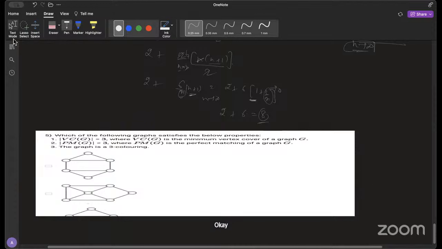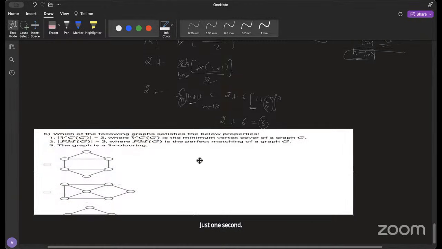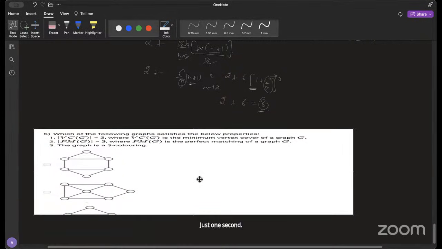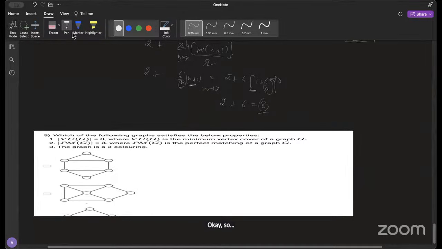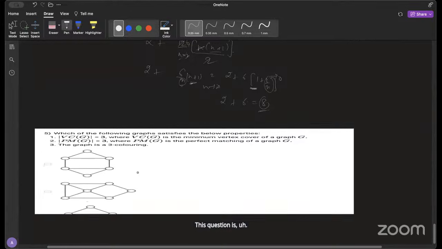Okay, then coming to this question. This question is on vertex cover and, I think, perfect matching.